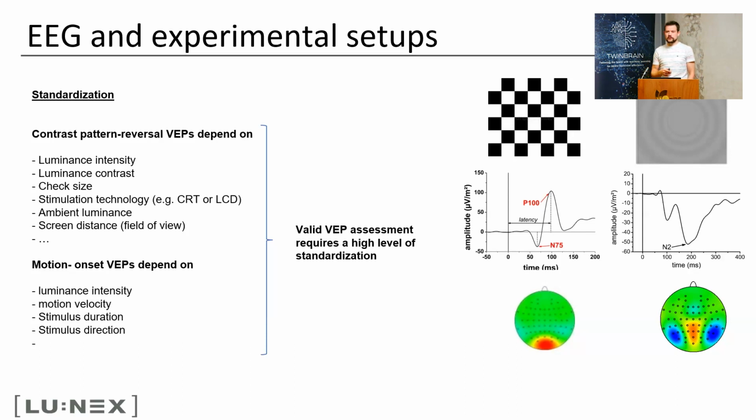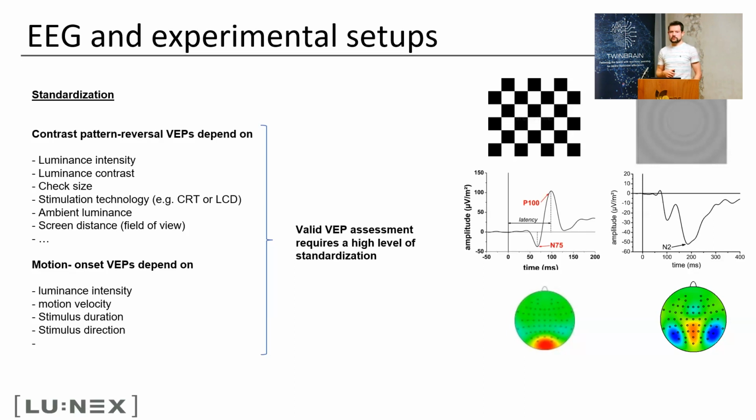And you have to basically consider that when you are also comparing your results to other studies, because that can have an influence. I already said the ambient lighting conditions can have an influence. If it is very bright, it will lower the contrast that you have, and also the distance of the screen, between the eyes and the screen.